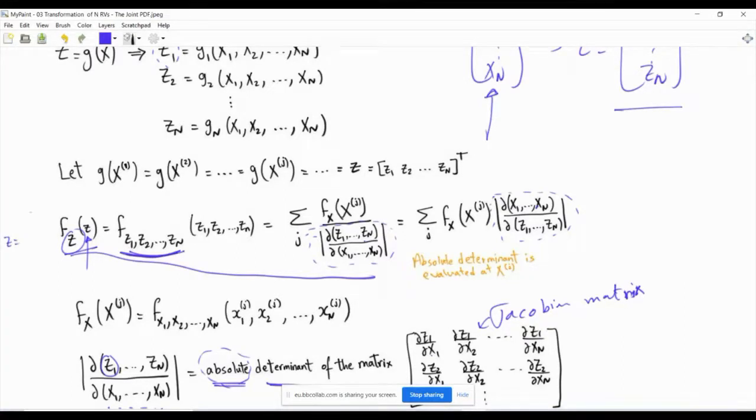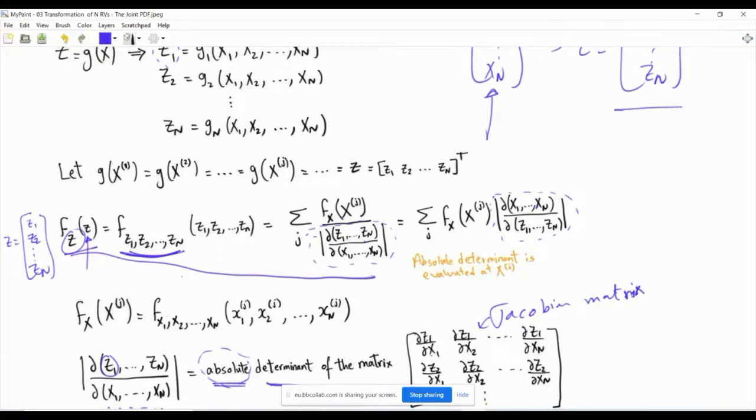And so small z is basically a vector in which the first random variable takes the value small z1, the second z2, up to z big N. Now we are interested in obtaining the PDF of random vector Z evaluated at small z1, small z2 up to small zn.